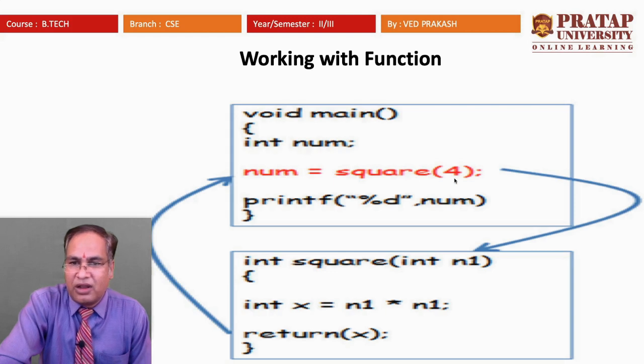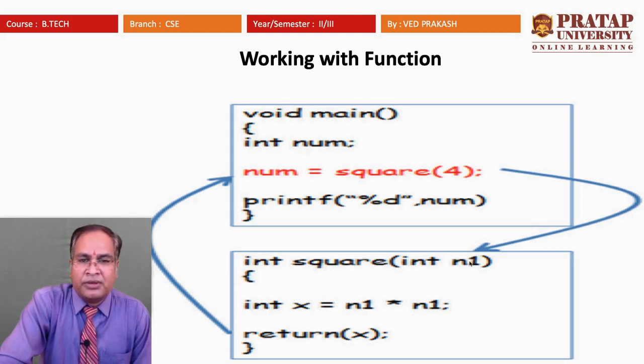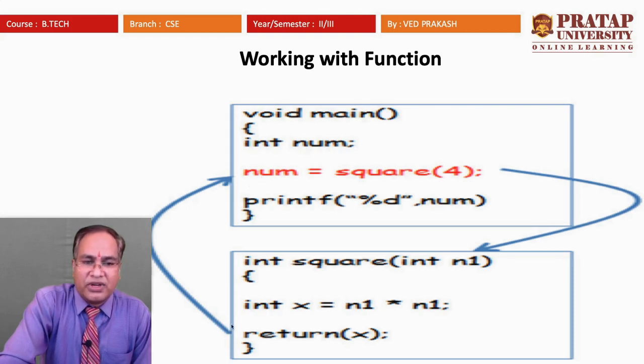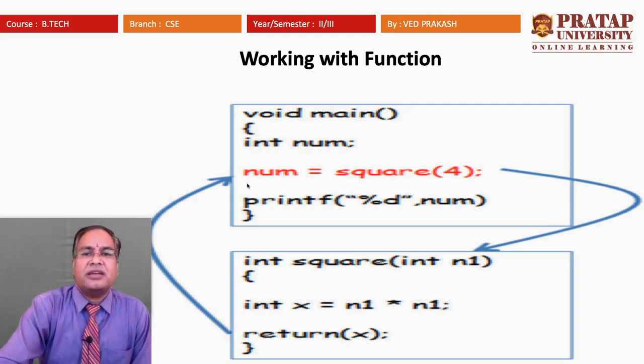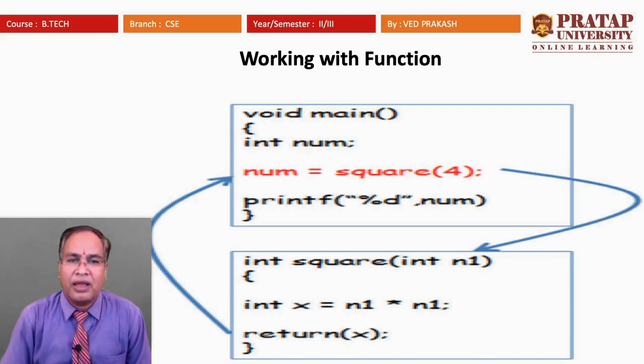So at the time of the call, the actual parameter sends its copy to the formal parameter, and the formal parameter gets this copy and performs the required operation in the body of the called function. It processes, and after processing it returns the value to the calling function. So the called function, performing its task, sends the value back to the calling function. So there is an interaction or communication between the calling and called function.